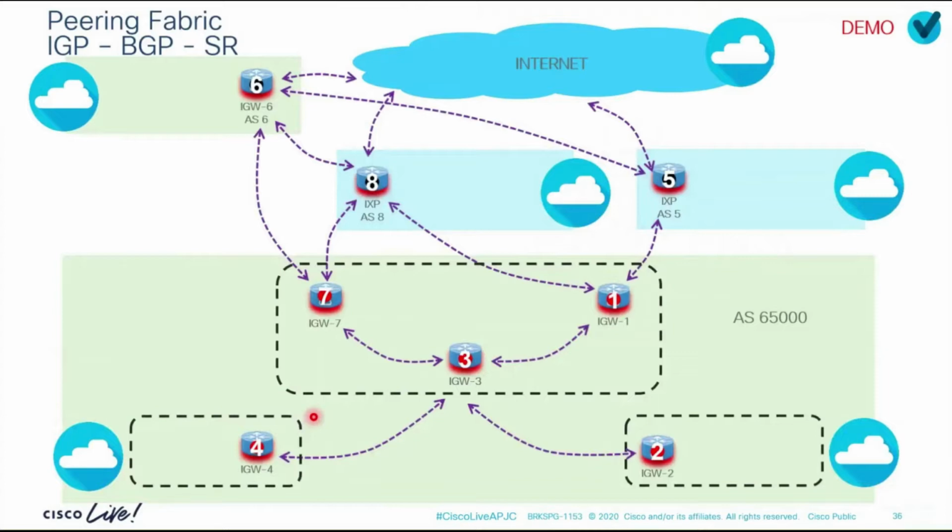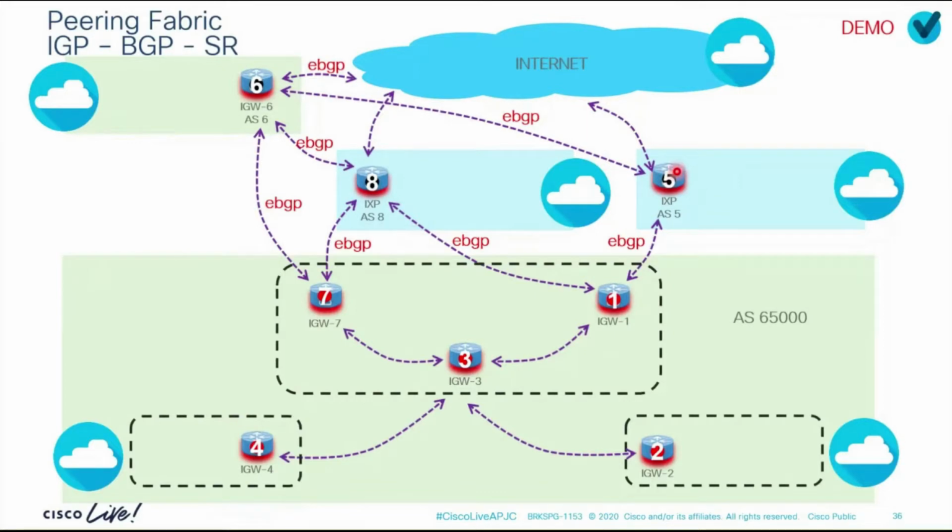We have 8 routers. This lower green block is the SP network together with router 6. We have established the EBGP session across these peer links here. Routers 8 and 5 are the internet routers.